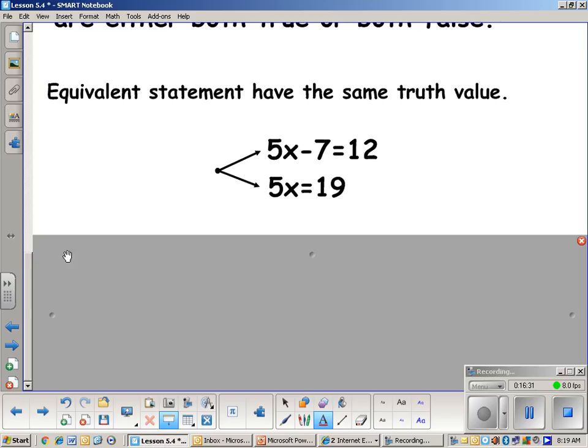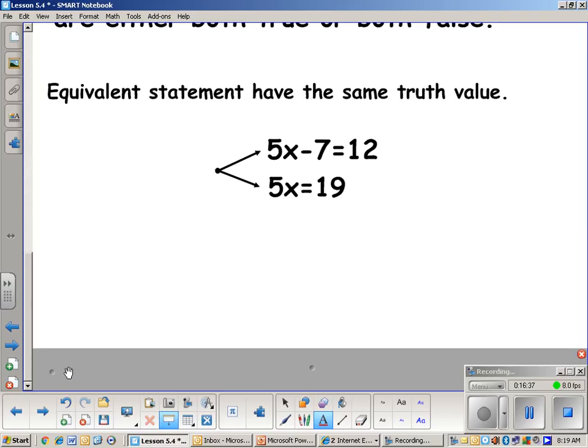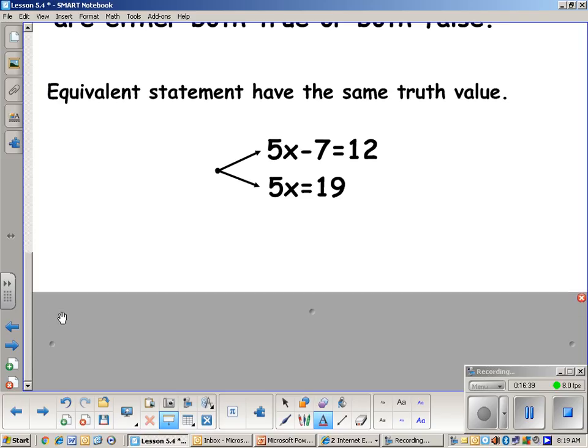Make a note of that. Equivalent statements have the same truth value. So those two equations are equivalent.